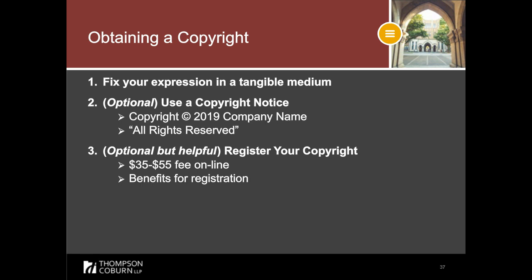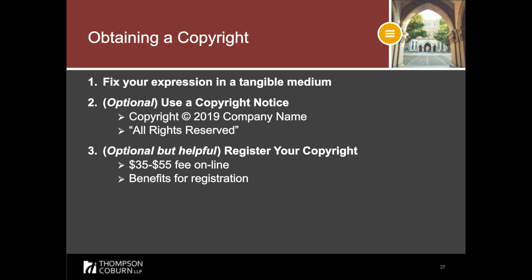Now, we do typically suggest that people put a copyright notice on their works, and that's, again, a simple thing of putting the word copyright or the copyright symbol, the year that you published the work, and then the owner of the copyright. Sometimes people like to write all rights reserved, just to clarify that they are reserving all rights in the work and not providing it to others for unauthorized uses.